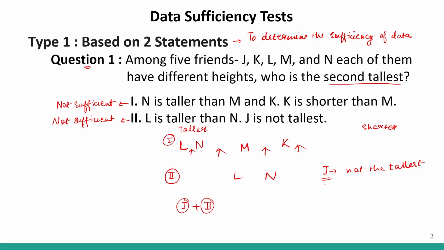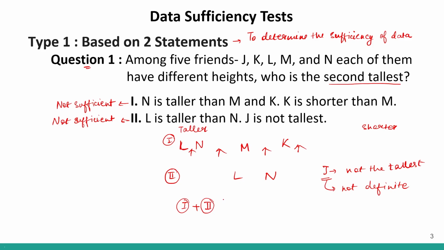J's position is still not definite. If J's position is not definite, can I find the second tallest person? No. Even after combining statements 1 and 2, I cannot find the second tallest person.